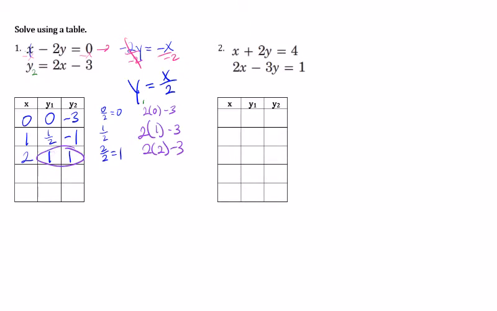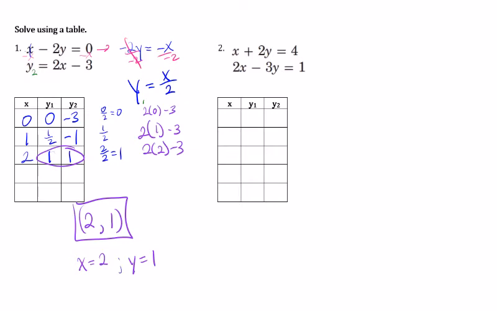So that's the solution to the system. The solution would be that point. So when x equals 2, y equals 1. All right. So another way you could say that is x equals 2, y equals 1, right?